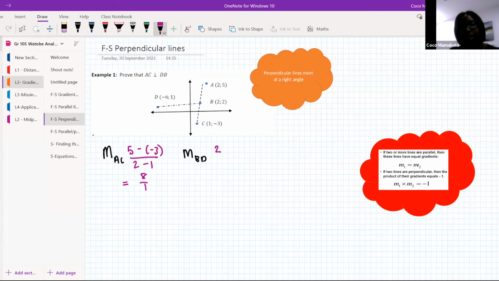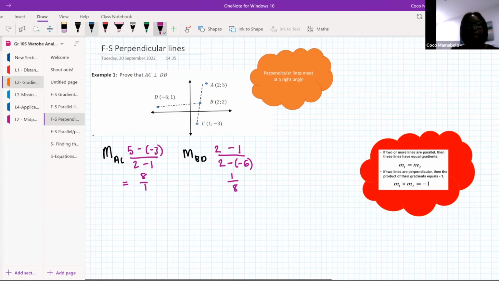There's something missing there. 2 minus 1 over 2 minus -6. 1 over 8.